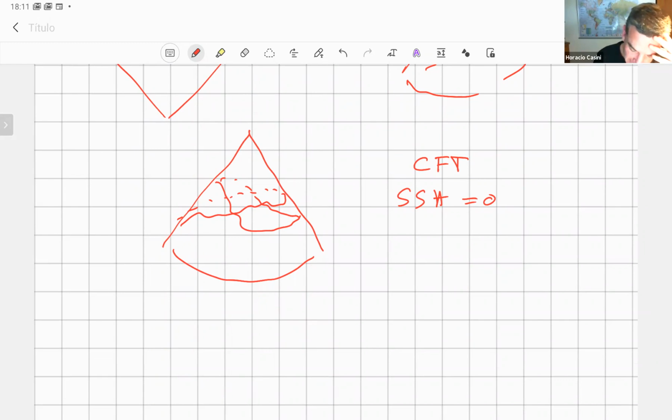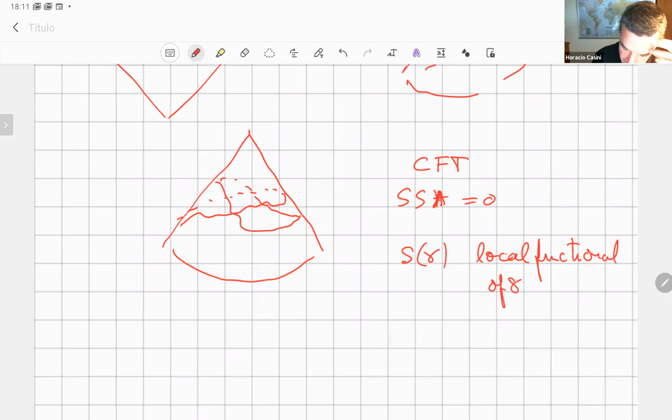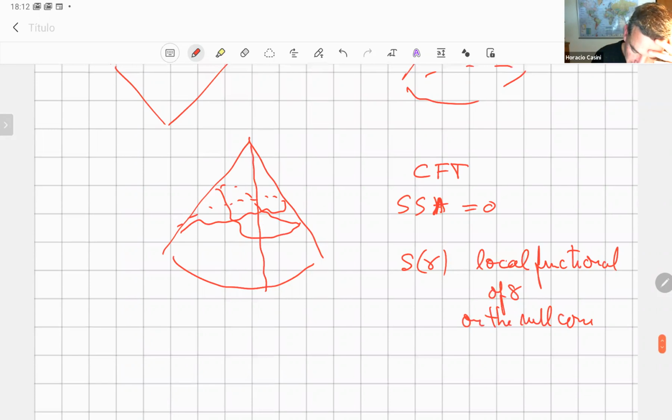So what does this tell you? That somehow the entropy as a function of gamma for a conformal field theory is a local functional of gamma on the null cone. Because if you do strong subadditivity, for example, the region A will depend on this point.